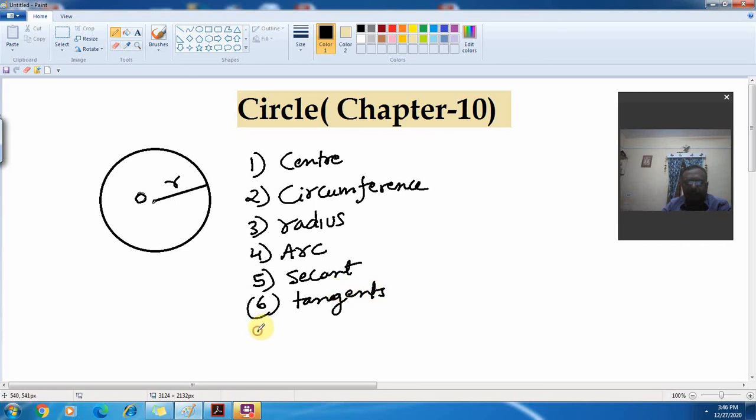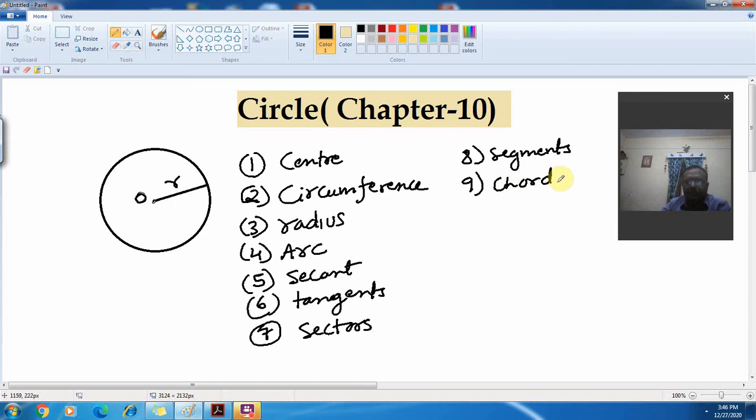Some of the other portions we can have are also like this. We will also learn about sectors, segments, and one more point, chord. Okay, let's see one by one some of these points.